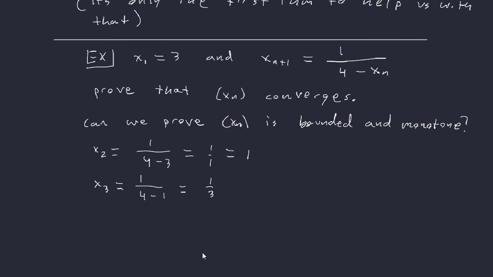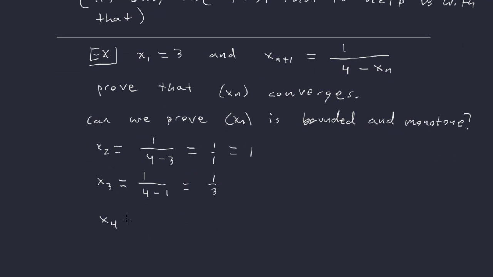Okay, and then x4 will be 1 over 4 minus 1/3, which will equal 1 over 12/3 minus 1/3, which is 1 over 11/3, which is 3/11.